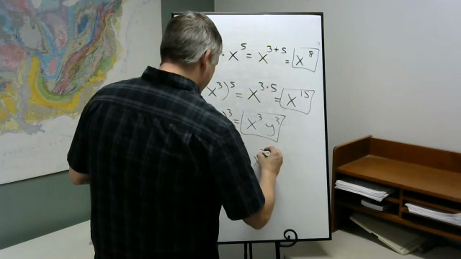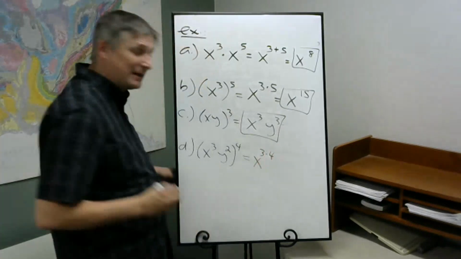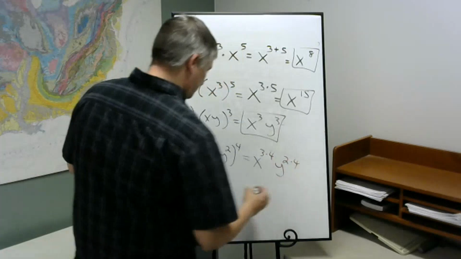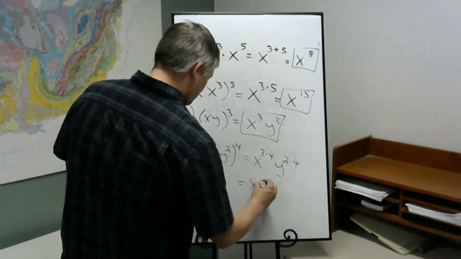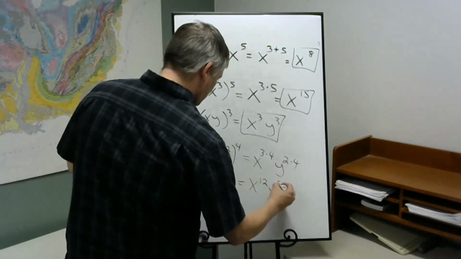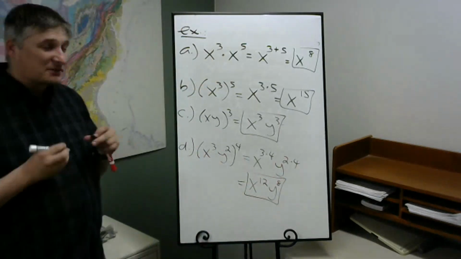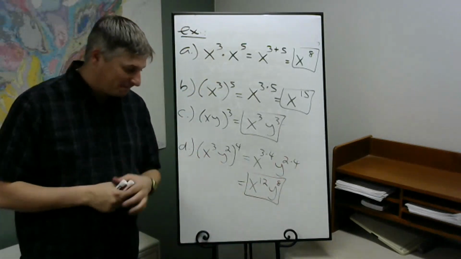So we're going to multiply exponents and exponents. And that's going to be our set of answers.